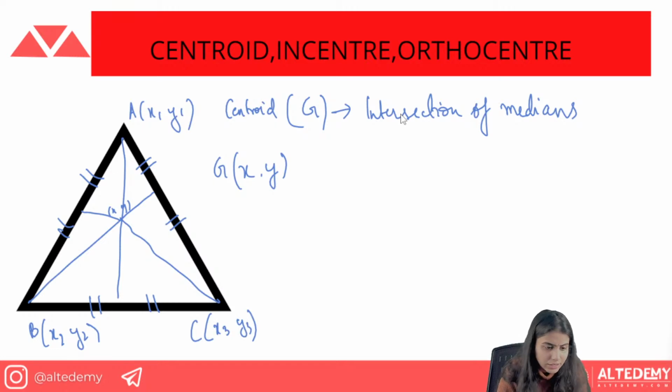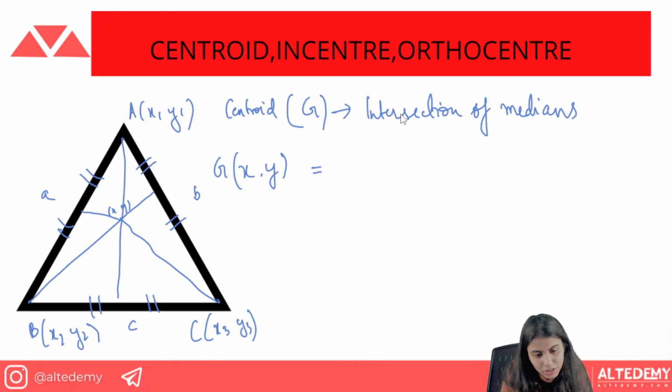And these are the sides: this side is B, this side is A, this side is C. In the centroid you don't need the sides, but you need to understand the side thing in another point. That is why I'm just representing that this is the triangle and these are the sides.